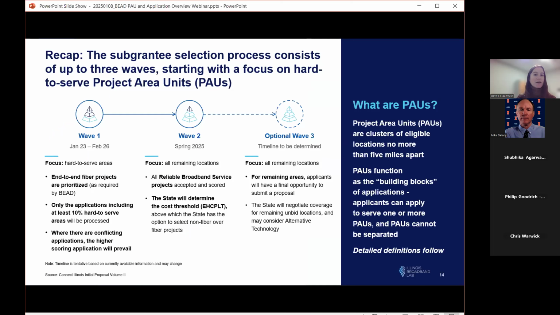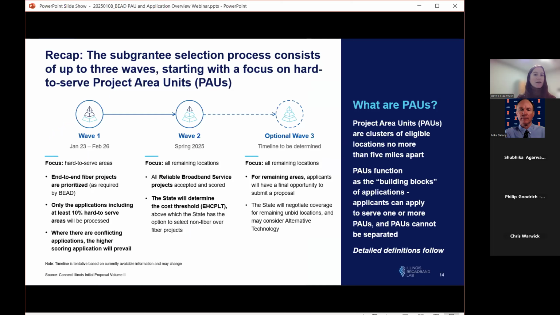And then we will run a deconfliction process, meaning if there are applications that overlap, the higher scoring application will get priority for preliminary award, and other applications, we have a process that will go through to allow them to descope their application and resubmit within that same wave.